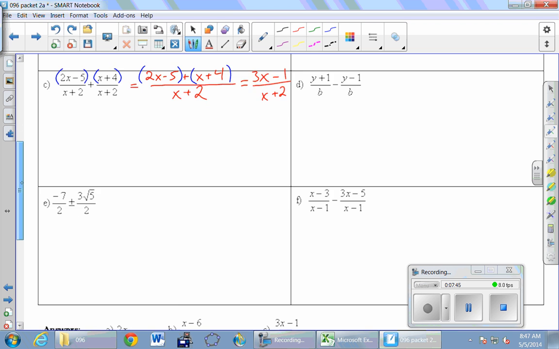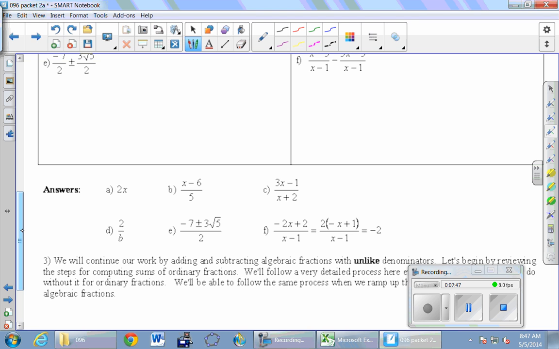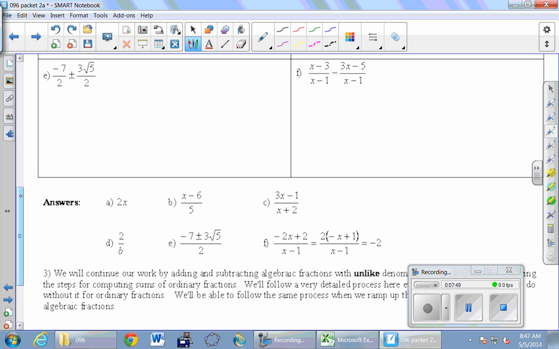Let's jump to the last one in the table, part F. What's the main operation here for the two fractions? Subtraction. So we look at the denominators. Do they make us happy or sad? Happy because they're the same. Doesn't matter how complicated they are. All we care about is that they're the same.